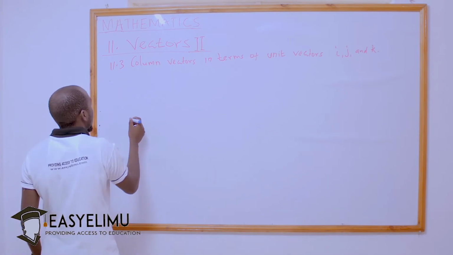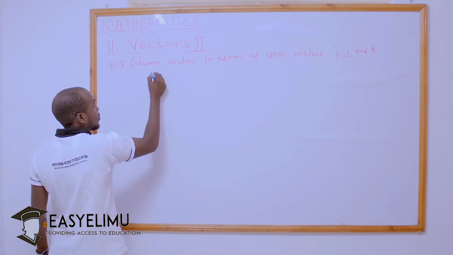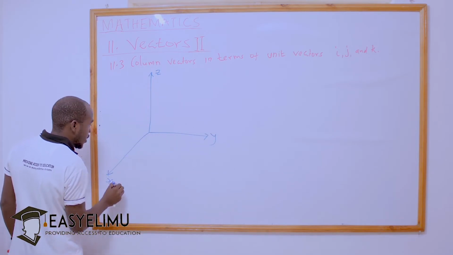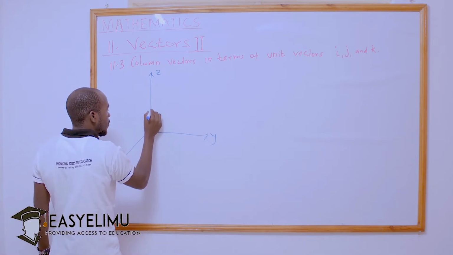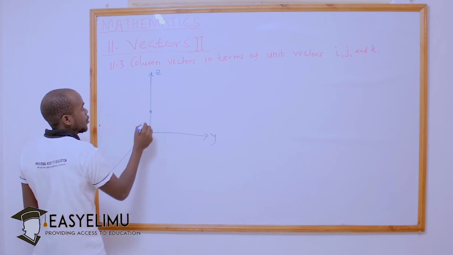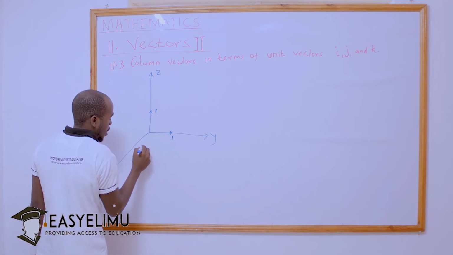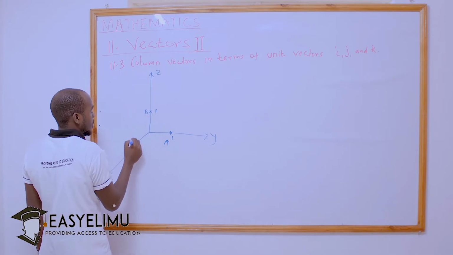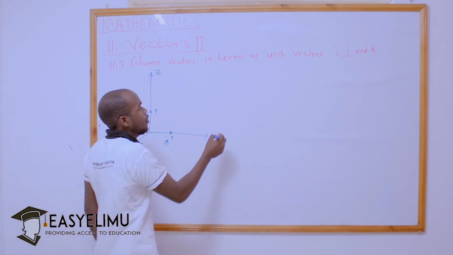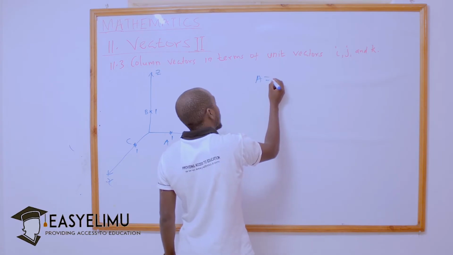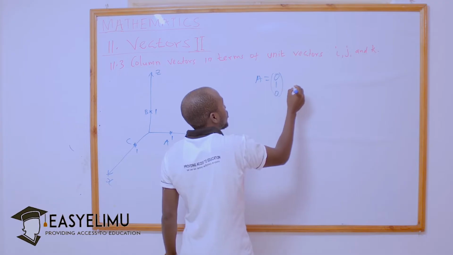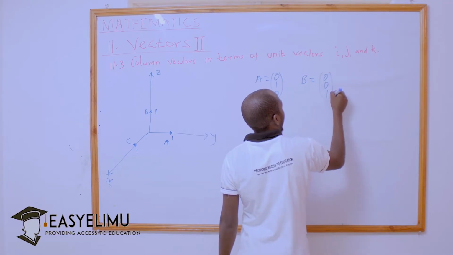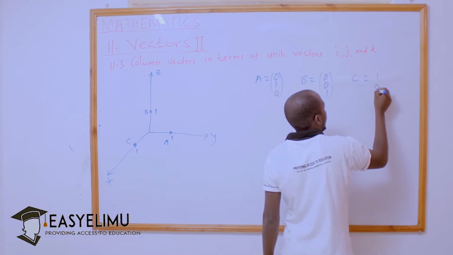On a Cartesian plane, if this is the z direction, this one the y direction, and this one the x direction, and we have a unit vector on each, we can call them A, B, and C. The value of A is 0, 1, 0, that of B is 0, 0, 1, and C is 1, 0, 0.